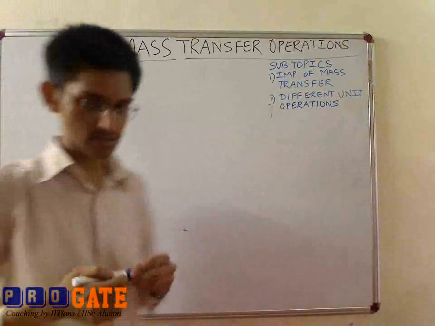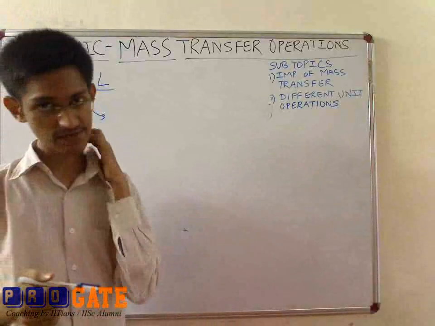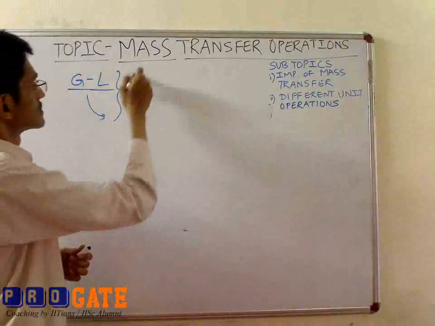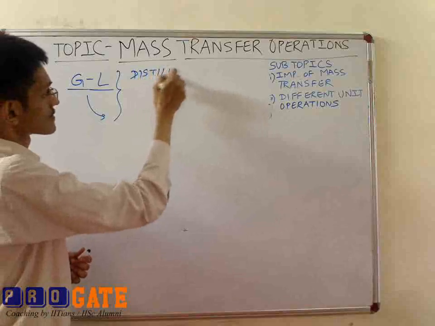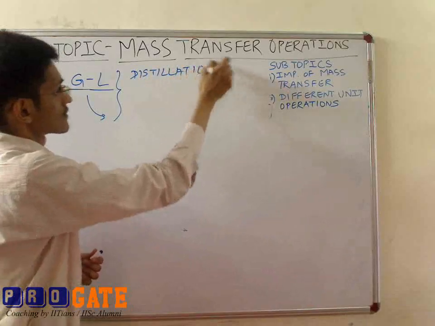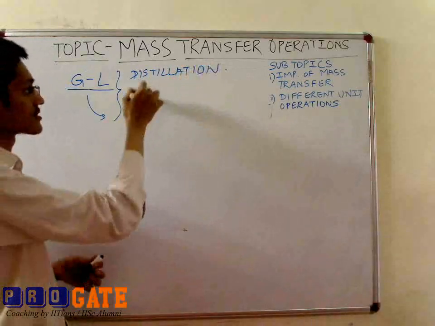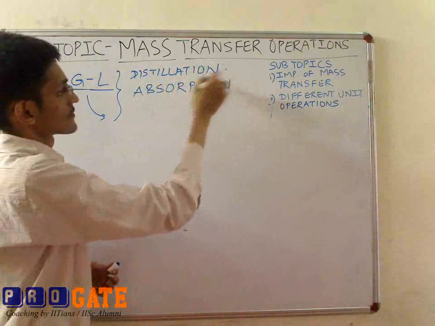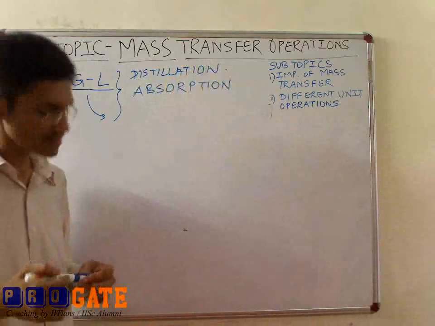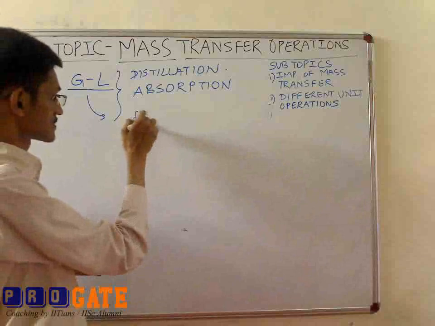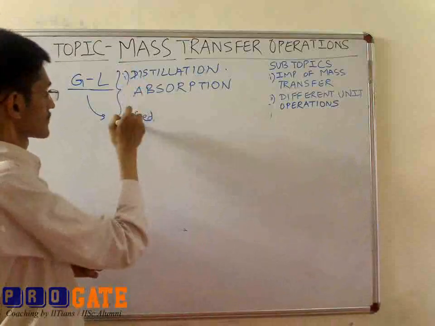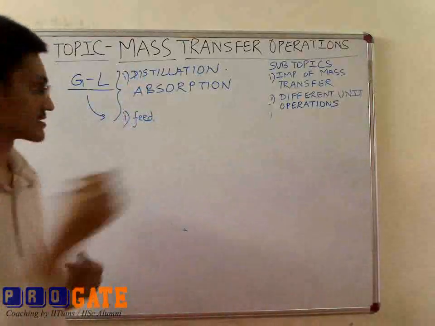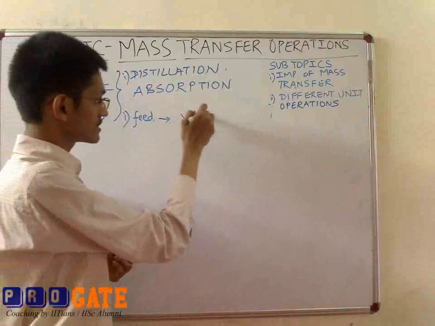For a gas and liquid mixture, there is one phase in the gaseous phase and another phase that is liquid. So different unit operations can be characterized. It's distillation, then you may think of absorption. In distillation, the feed may be only liquid, or it may be vapor plus liquid, partial vapor, partial liquid.